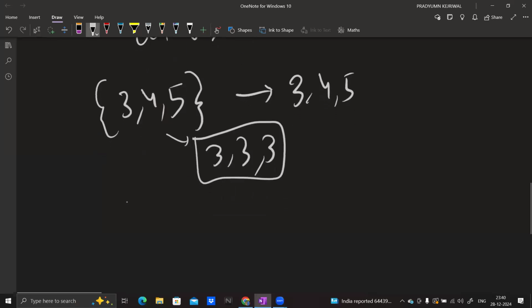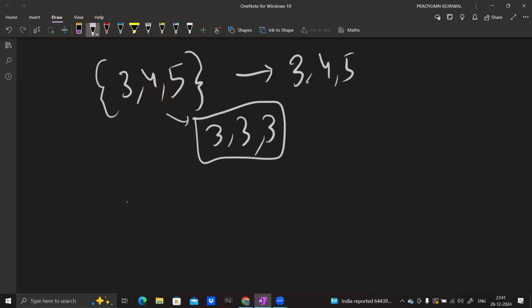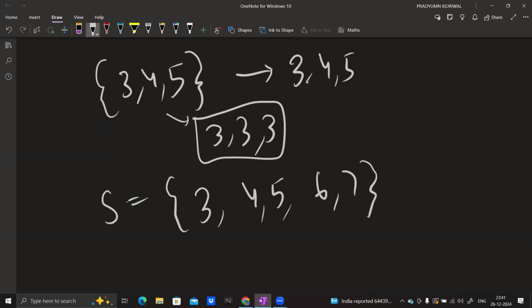So now let's think about when a set can be stable. Let's say we have the set S, let's say it is 3, 4, 5, 6, 7. So guys, tell me, is it stable?